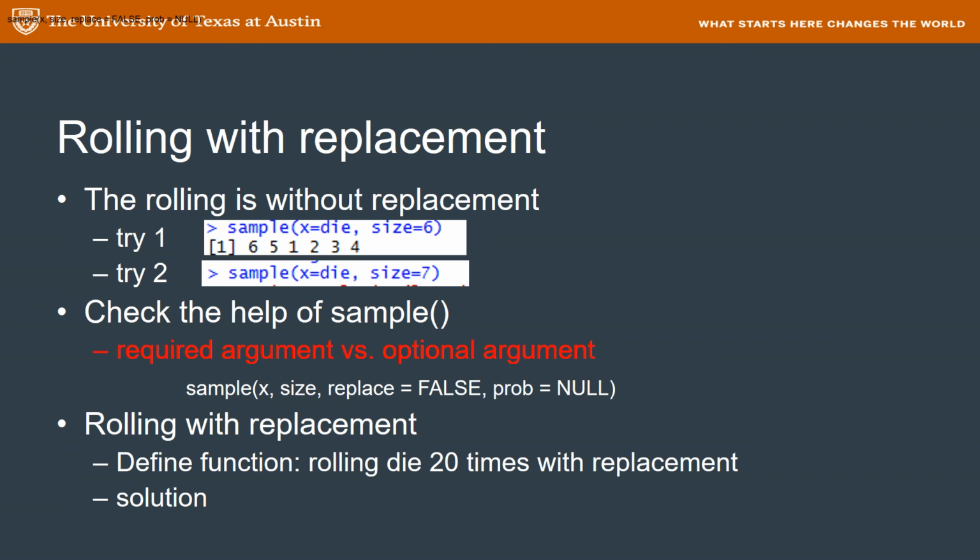So if you try the first one, sample x equals die and size equals 6, you will end up with 6 digits and all of them are different. And what if you try sample x equals die and set the size to be 7? Well, let me go ahead and try that.